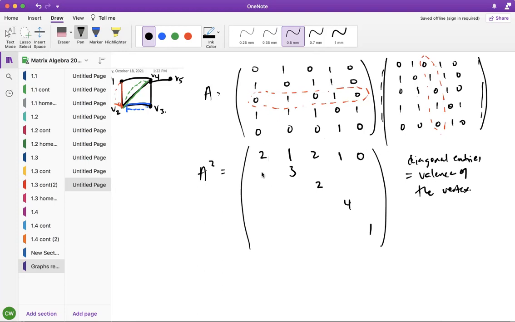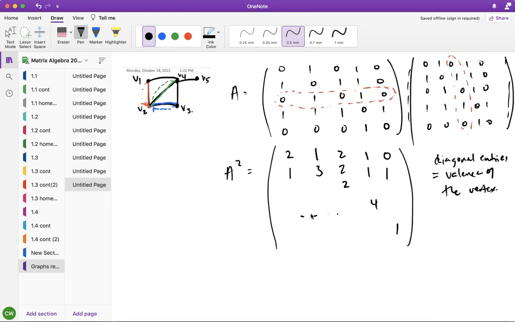So second one, a 1, 2, a 1, and a 1, and etc. So you do the rest.